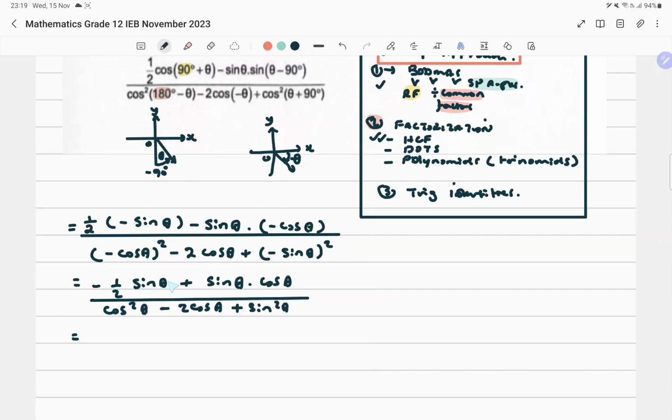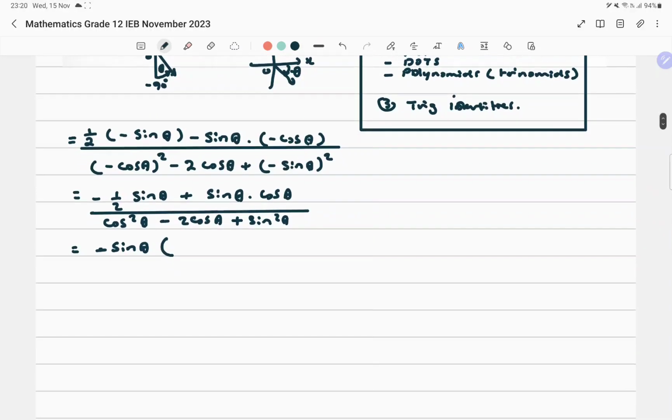Maybe let's take a minus sine theta and see what happens, because we want this sine to come up. So we're going to take a minus sine theta, and then what do we have inside? We're going to get a half minus cos theta.